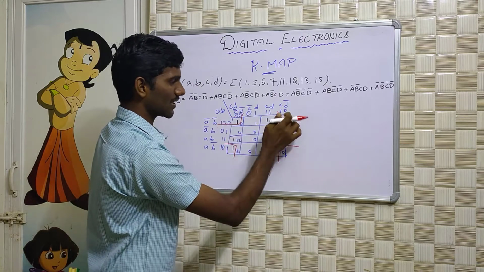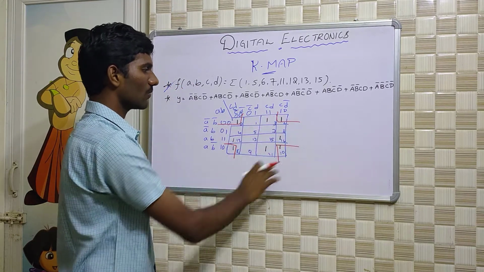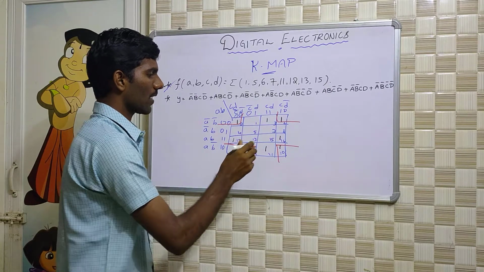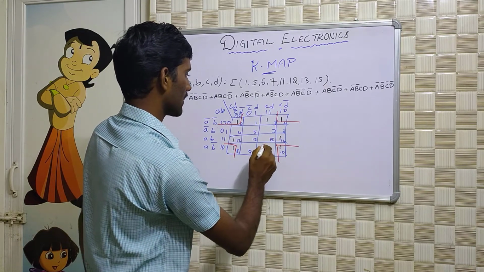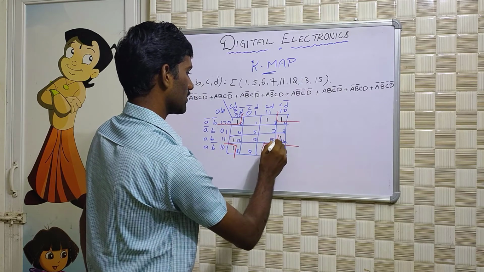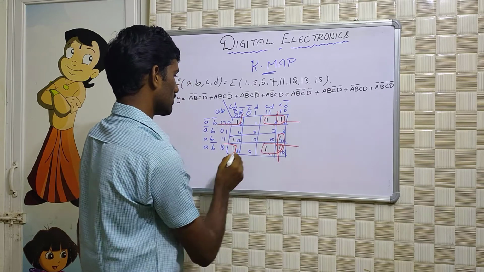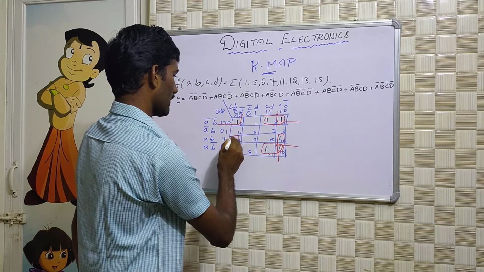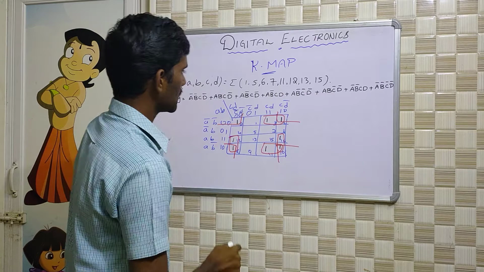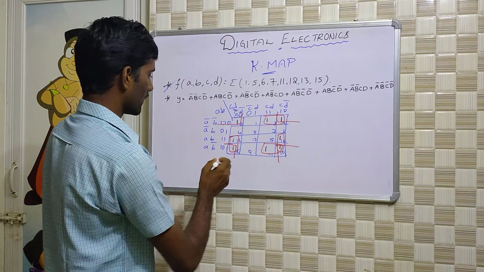This one is adjacent to this one, as well as this one is adjacent to this one. So this is a 4 map as well. These two are adjacent to each other. So initially we will write these 4 adjacent.